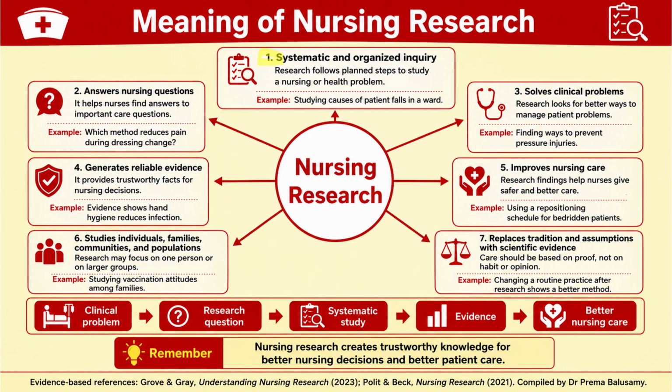And next, nursing research generates reliable evidence. Reliable evidence is information obtained through an appropriate and systematic method, as we have seen in the first point. It is more trustworthy than assumptions, tradition, or statements such as, we have already done this, follow the same. Why do I have to follow the same?